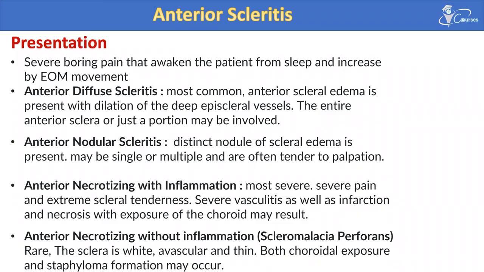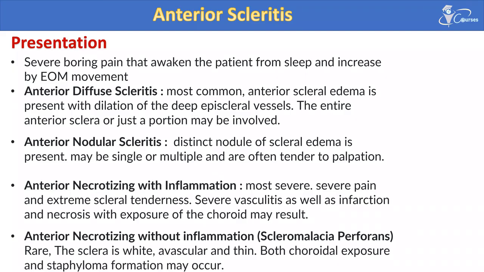Not many conditions in ophthalmology will cause pain that awakens the patient from sleep. You will hear this symptom described as: I can't sleep at night from the pain. So this should enlighten you about scleritis as one of the differentials. The pain is also increased by extraocular muscle movement. This is another clue.